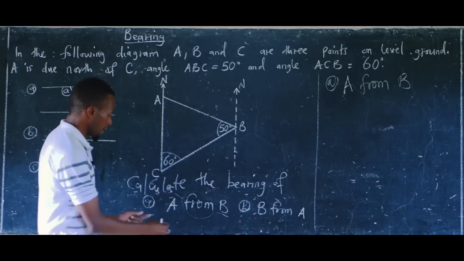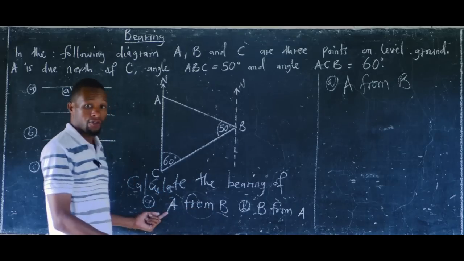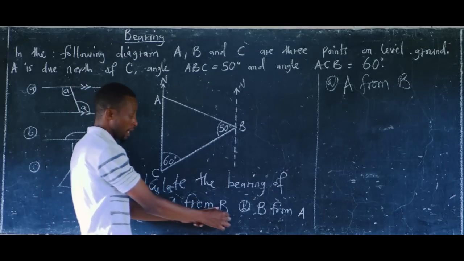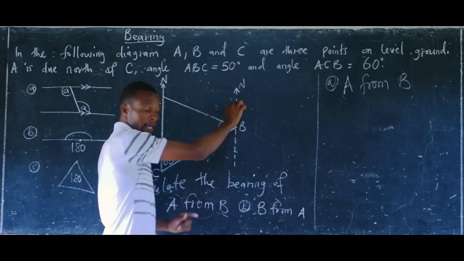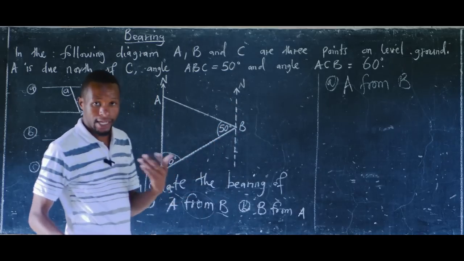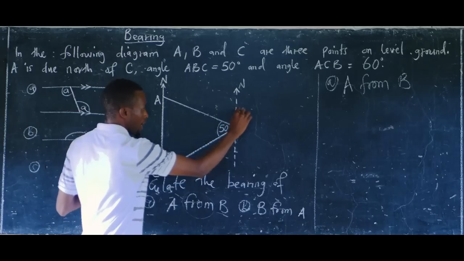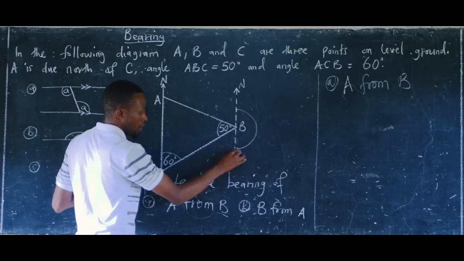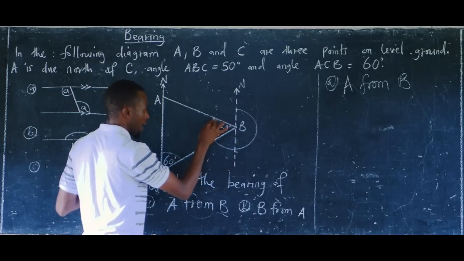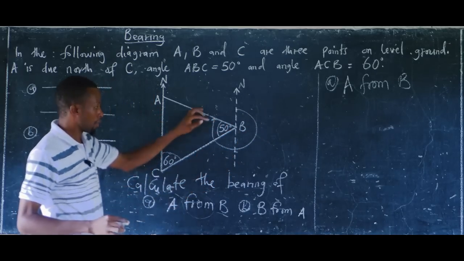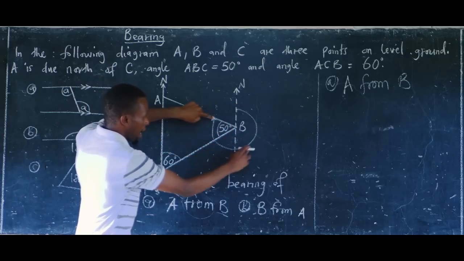We are saying it's a bearing of A from B, meaning B is our starting point. We are starting from the north line, going in the clockwise direction, from here up to the line which is connecting A and B. So I'm stopping here. We want this entire angle here.